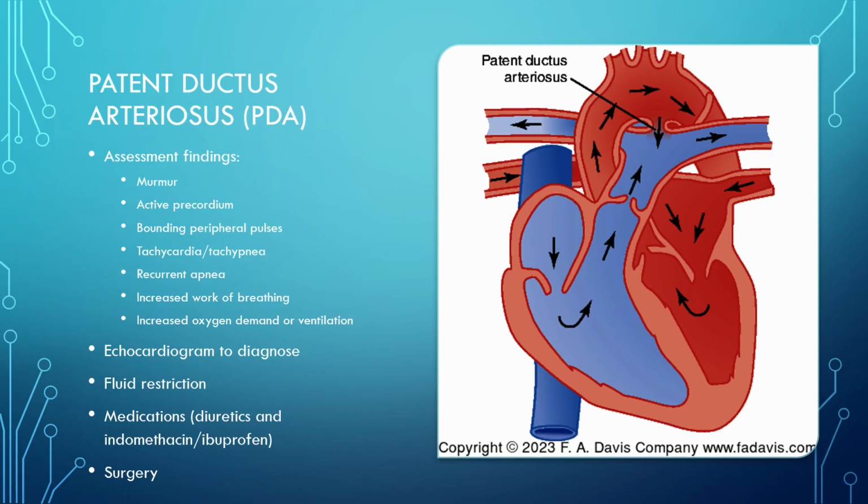So you would think that your patient has this if you hear a murmur that persists longer than that 24 hours, an active precordium, bounding pulses, tachycardia, tachypnea, recurrent apnea spells, an increased work of breathing, and an increased oxygen demand or ventilation.